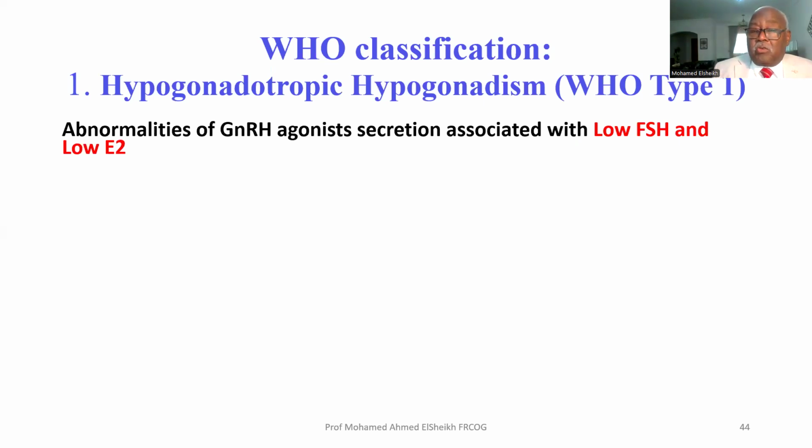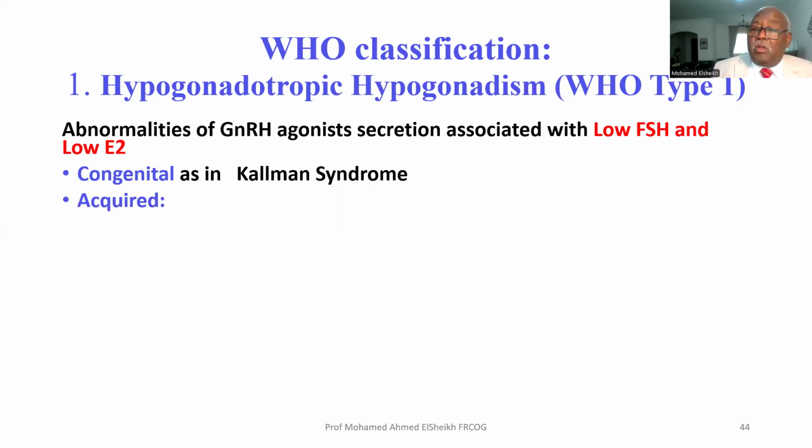Hypogonadotrophic hypogonadism, type 1. As I have mentioned, low FSH, low E2. These could be congenital or acquired. Congenital, the common example we give is Kallmann syndrome: low FSH, low E2.